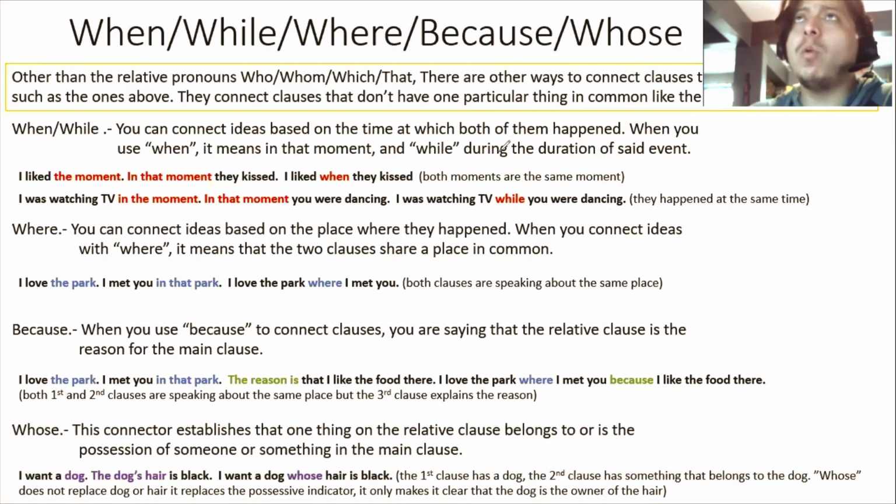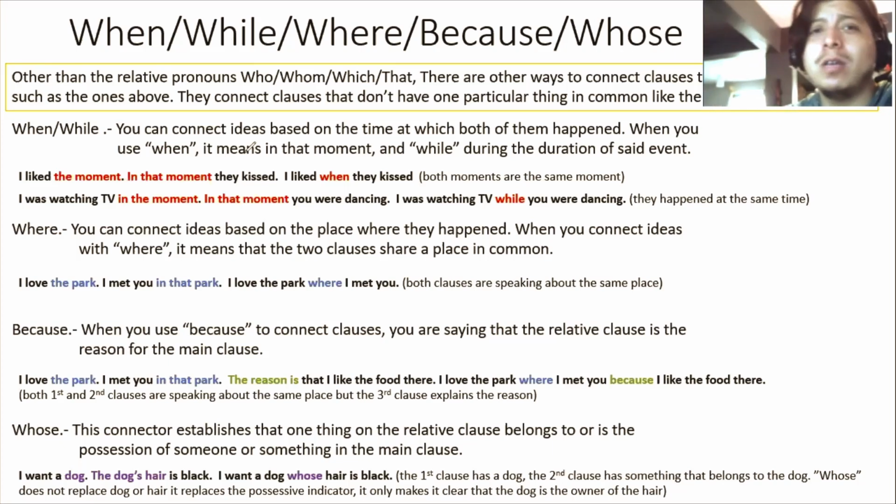Podemos usar "when" o "while" para conectar oraciones que no tienen nada en común más que sucedieron al mismo tiempo. Incluso si no habíamos dicho que sucedieron al mismo tiempo, cuando usamos el conector "when" o "while", se deja ver que sucedieron al mismo tiempo. Por eso ya no necesitamos poner el tiempo. Cuando decimos "I like the part when they kiss" o "I like when they kiss", ya no necesitas decir "the moment" ni "in that moment", porque ese "when" ya implica el momento, ¿sí?